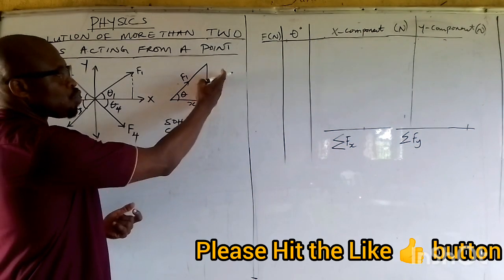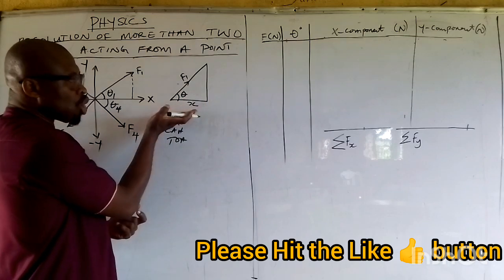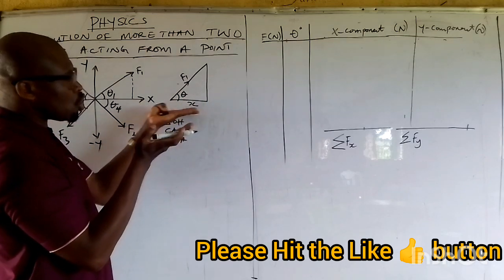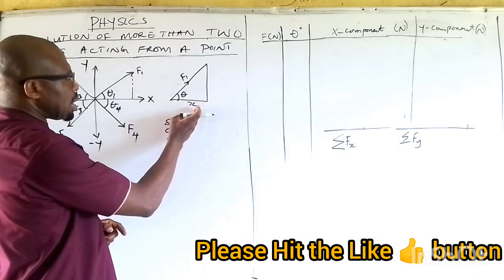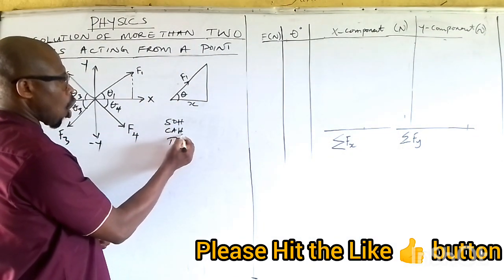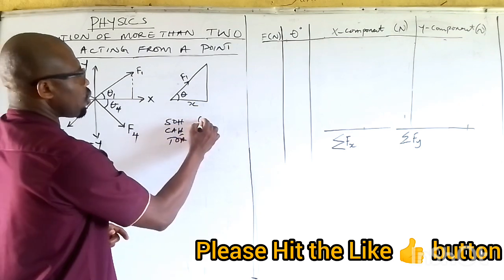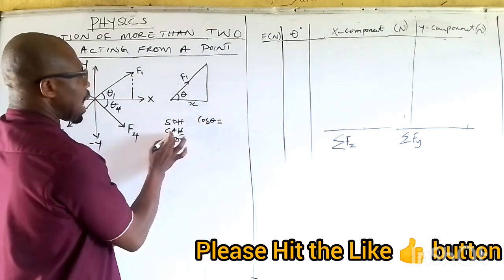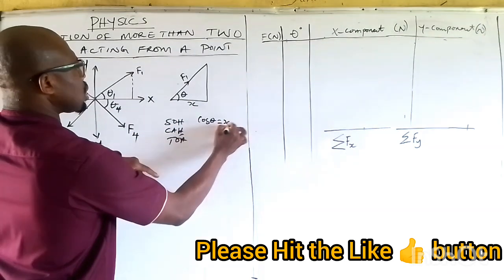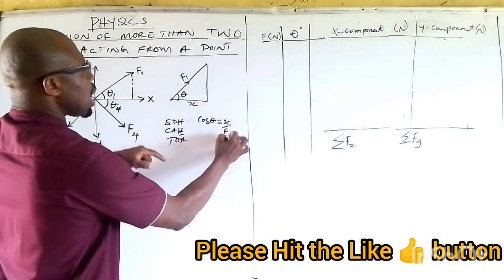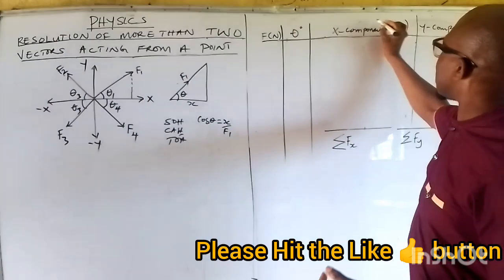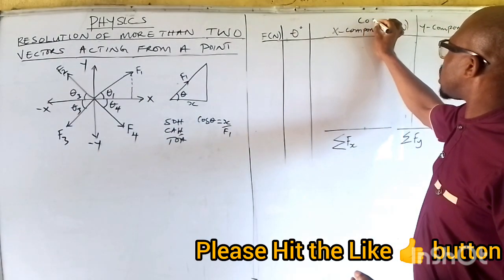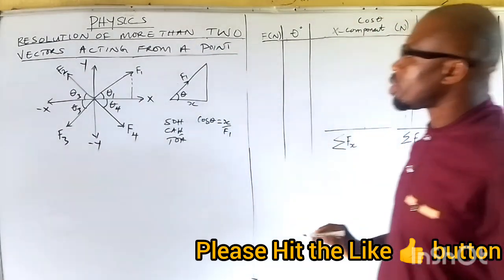Since we are concentrating on the horizontal axis, we have the hypotenuse and the adjacent, and it is only cos theta that will give us that. So cos theta is adjacent, which is x, all over hypotenuse, F1. Because of that, if we resolve along the x-axis, we are going to have F1 cos theta.